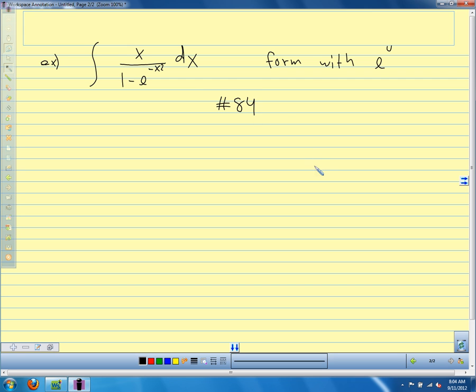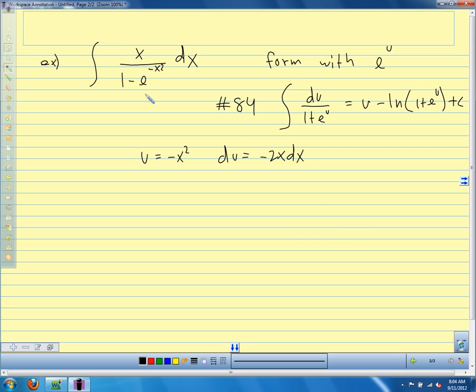Formula number 84 says that the integral of du over 1 plus e to the u equals u minus the natural log of 1 plus e to the u plus c. So to make the form of our integral match this, let's let u equal minus x squared, and then du is going to be minus 2x dx.